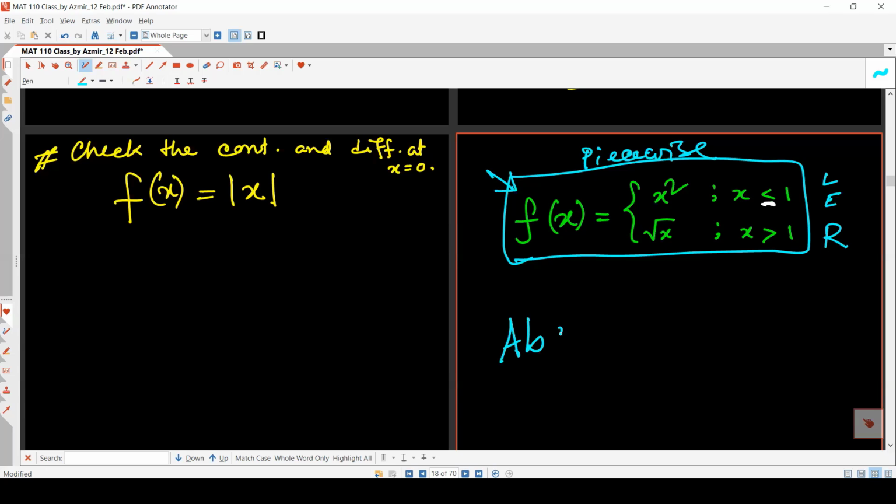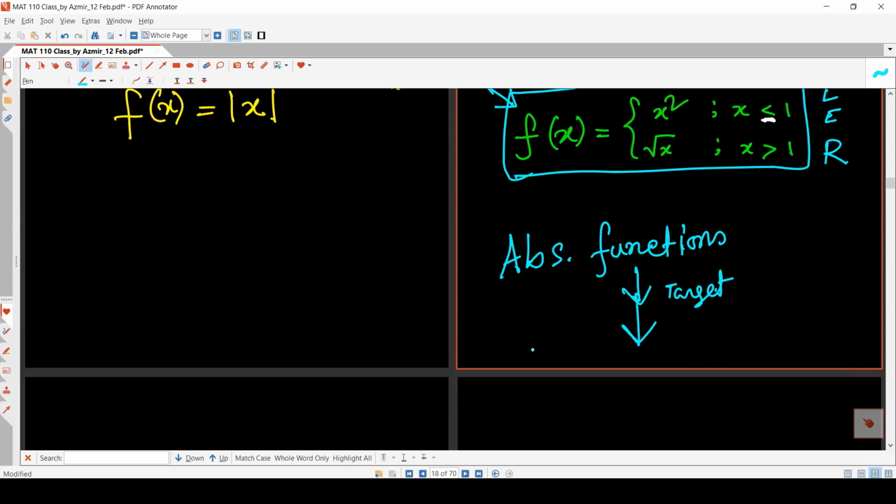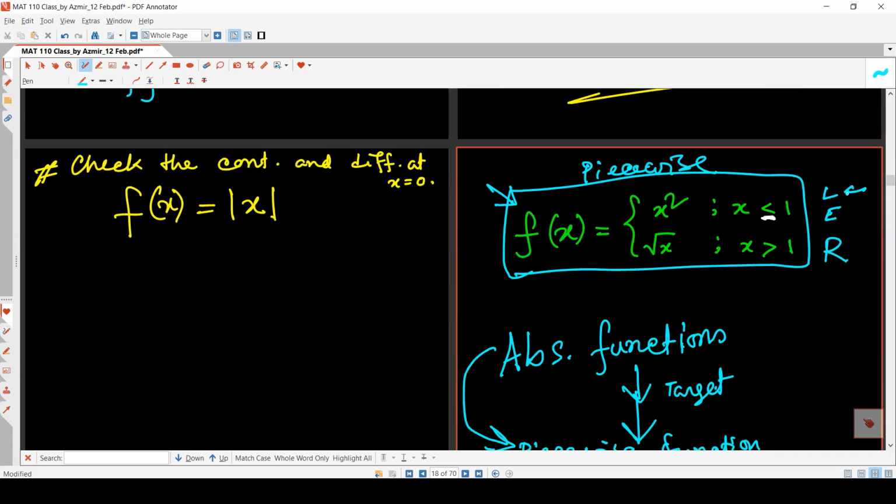So if we have absolute value functions, then our first target should be to have the piecewise function. That means we have to convert this absolute value function to piecewise function. Then only we can have L, E, and R.